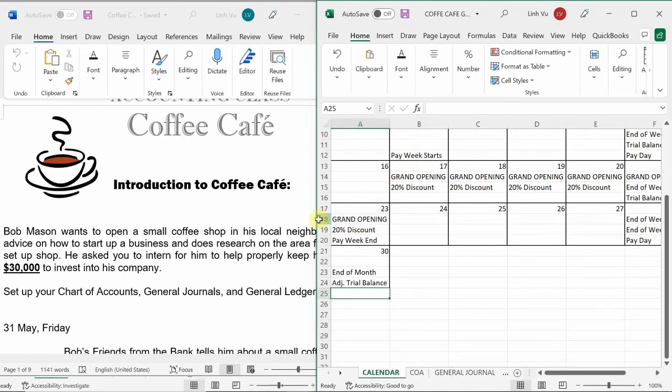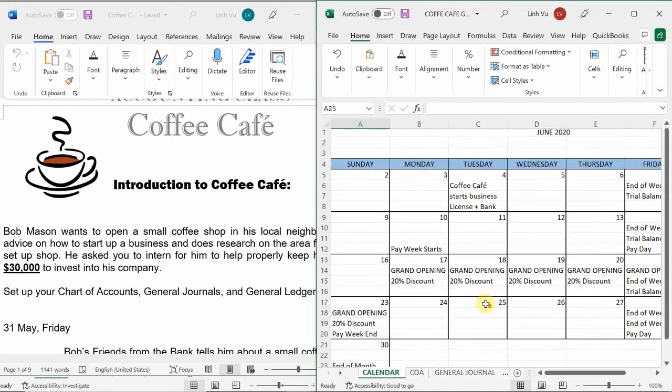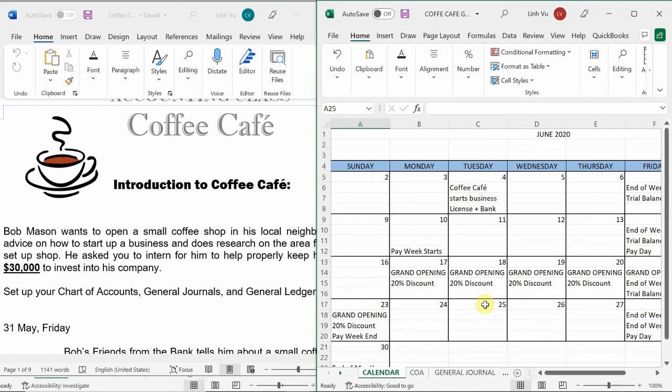When does the discount end? It ends one week later. And things like the ending of the month, you need to make sure that you wrap up your accounting period. Here, Friday, we've got payroll payday, and so on. This is helpful in case you need a visual of where and when we're going to start our operations for Coffee Cafe.